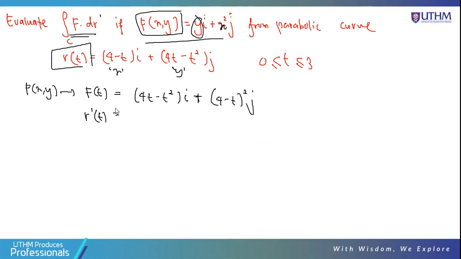So you can find the derivative with respect to t. Okay, with respect to t. So you can get t prime with respect, negative 1, so negative i.